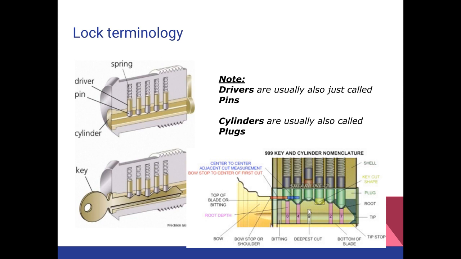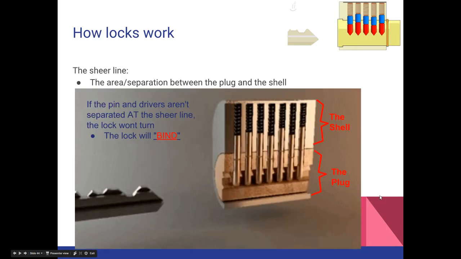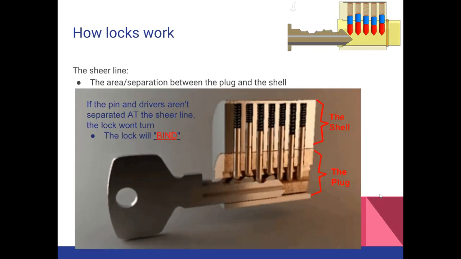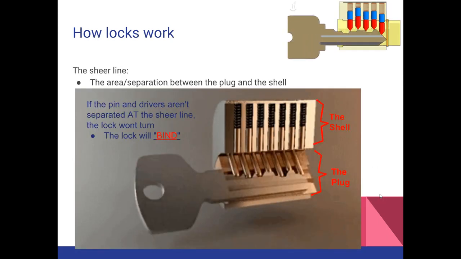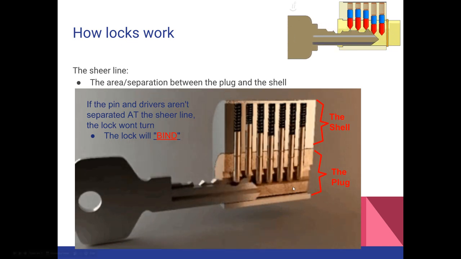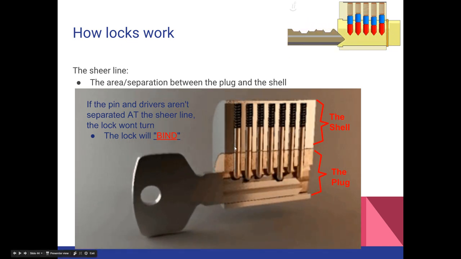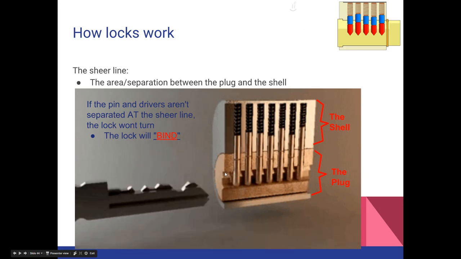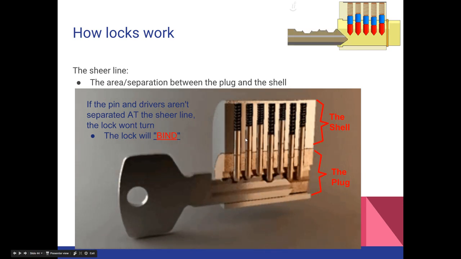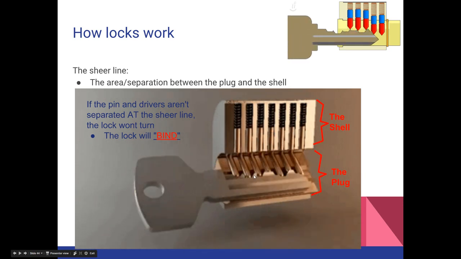And that's important to keep in mind because there's thus a finite amount of positions a key can be scored in. And so yeah, back to this animation. If you don't have all of the pins and drivers in the right position, the plug won't turn in the shell because the pin or driver will bind it.